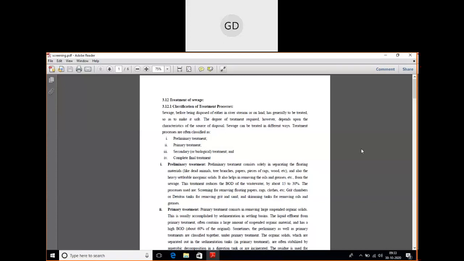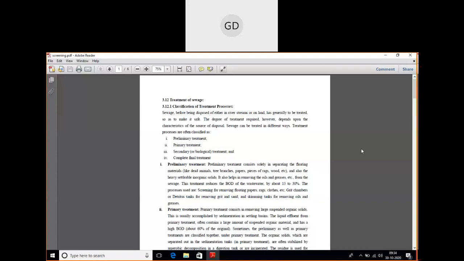All these things are separated in preliminary treatment, and also the heavy settleable inorganic solids. It also removes the oils and greases from the sewage.